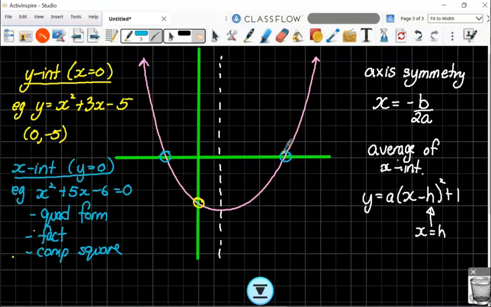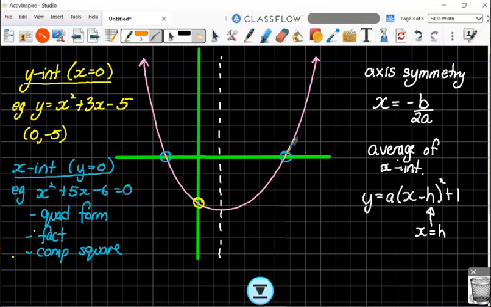What else is important for our graph? One more really vital thing. Aiden? There's a key feature on there that we need. We've got our y-intercept, we've got our x-intercept, we've got our axis of symmetry. There's something else. Pardon? No, that's with our trig, principal axis with our trig.